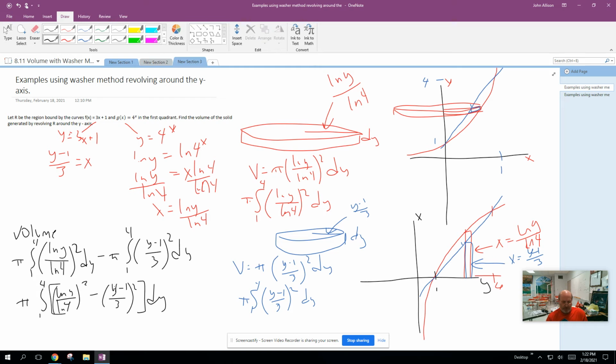Now I'm going to get the integral difference, and I'm going to multiply that by pi. And I get 1.103 or 1.104. I'm always going to chop instead of round, but if you round correctly, units cubed.